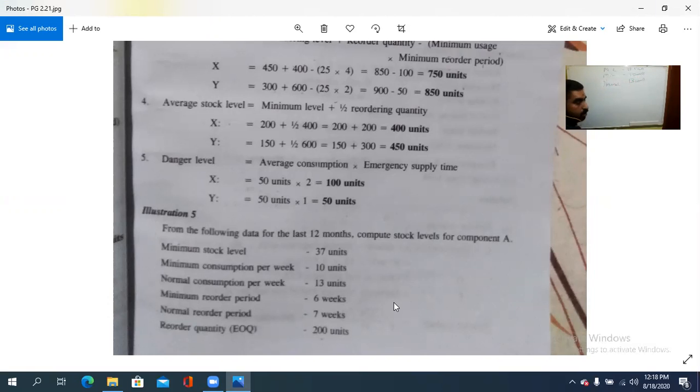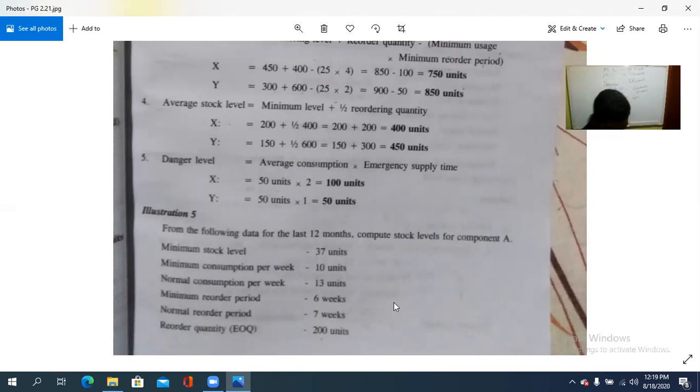Minimum reorder period is 6 weeks. Normal reorder period is 7 weeks. And reorder quantity or EOQ is equal to 200 units.